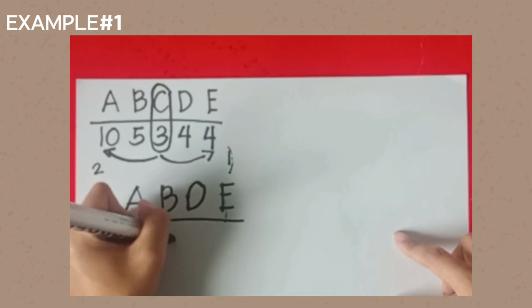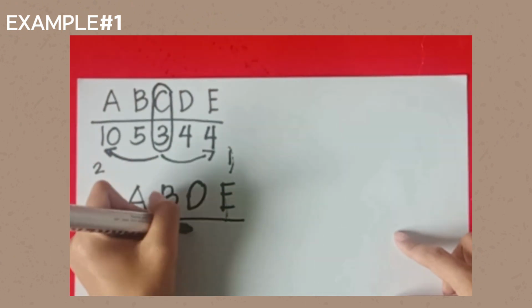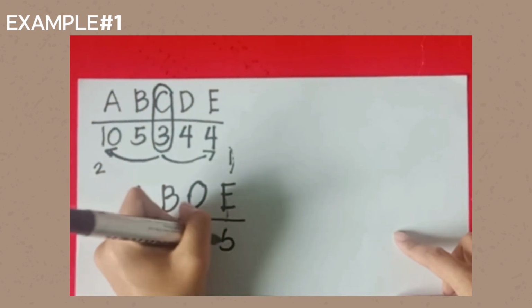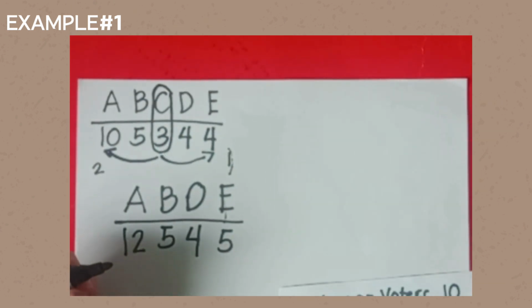Candidate B has 5 first place votes. Candidate D has 4 first place votes. And candidate E has 5 first place votes.